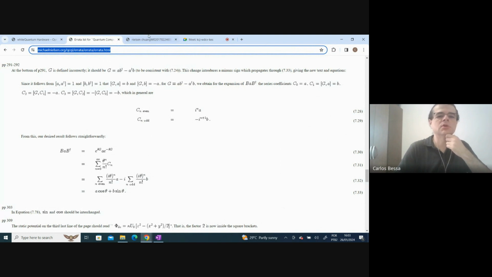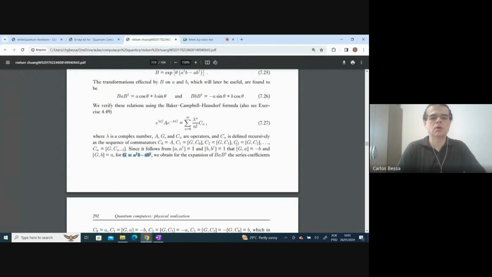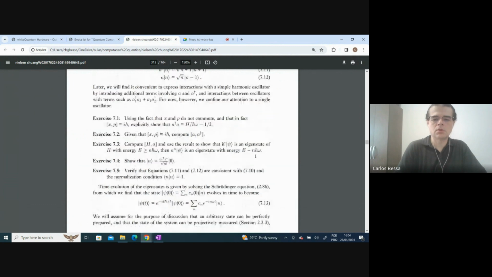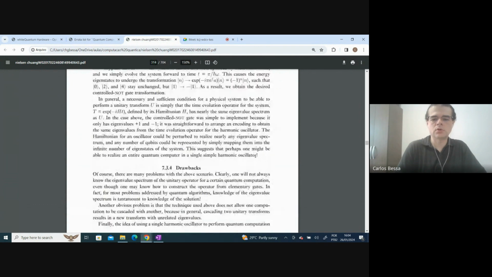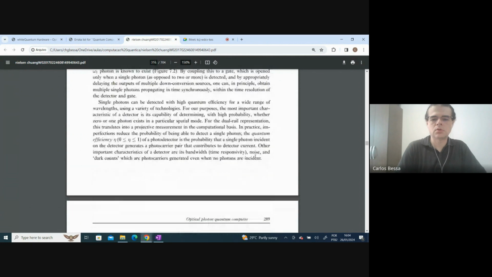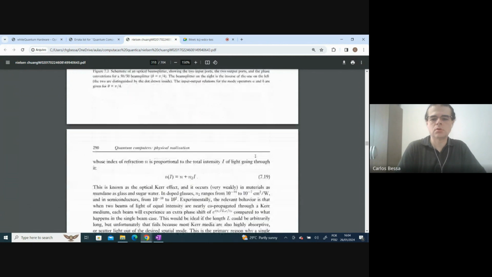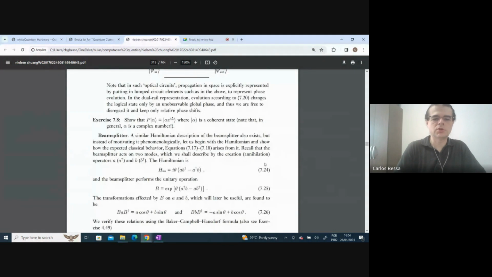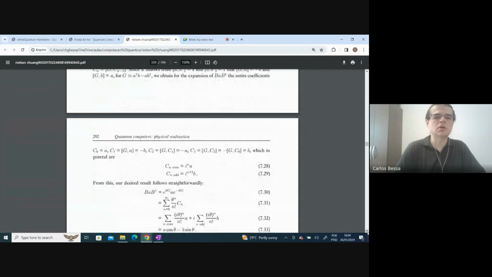So to be consistent with this, A B dagger minus A dagger B. He defined here A dagger B minus A B dagger.